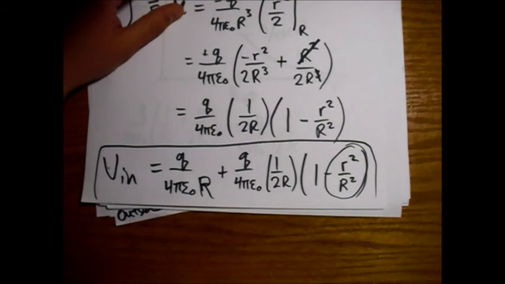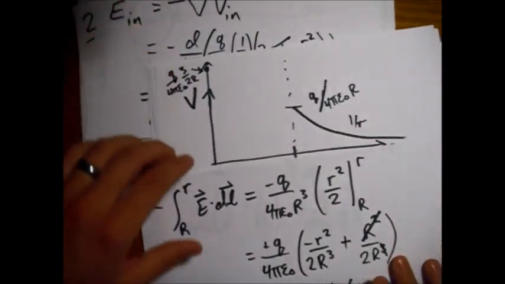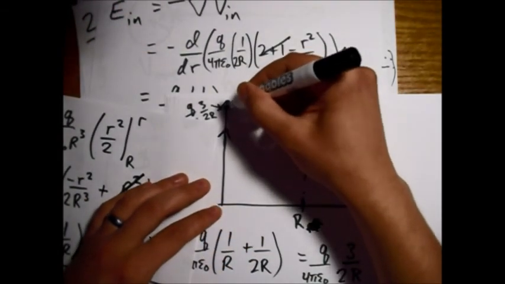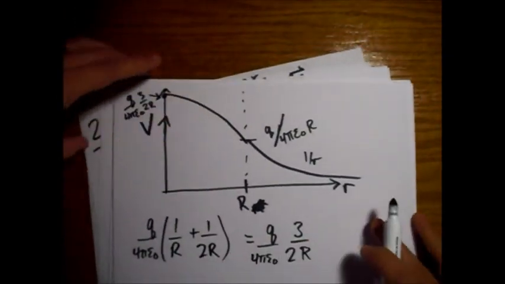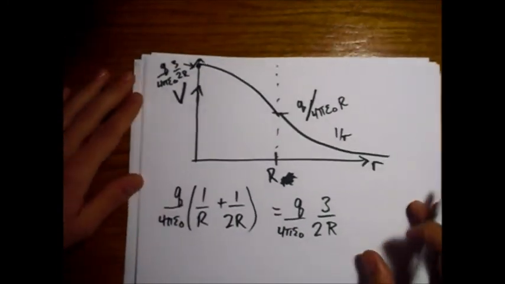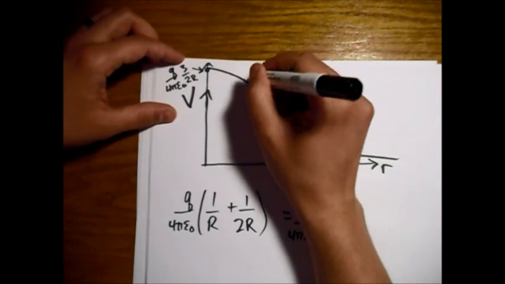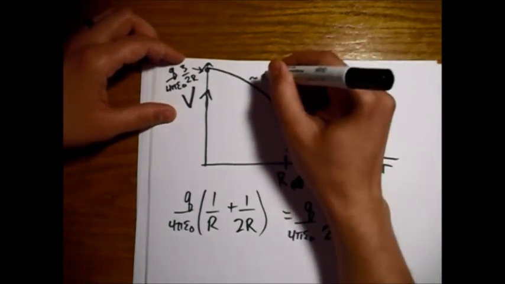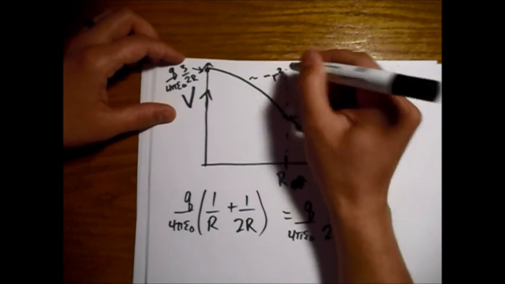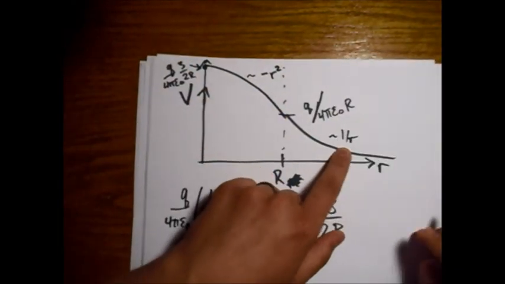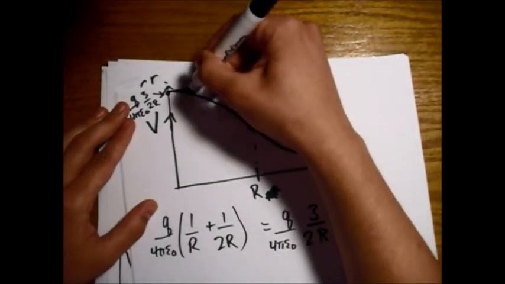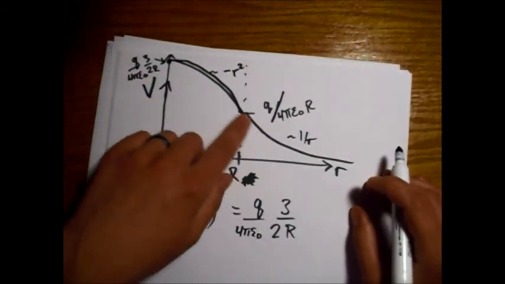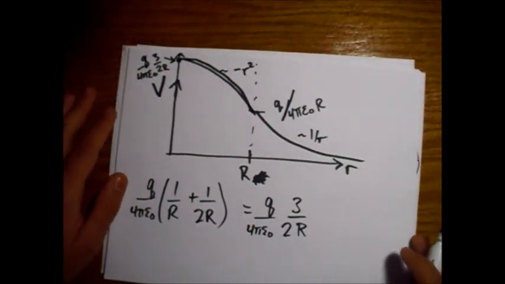So basically it's an upside down parabola. So if you can imagine kind of an upside down parabola like this, it isn't very to scale, I guess, but you can use your imagination. This goes as a minus R squared, and this goes as a 1 over R, right? So we kind of have this upside down parabola here. Maybe it's a little more like that, but that just gives you an idea of what our potential looks like.